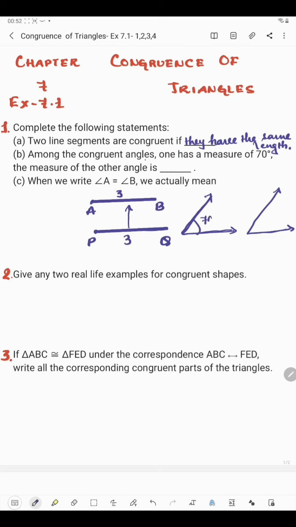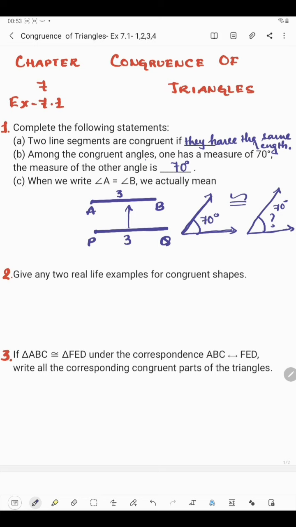Now one of these is 70 degree. What will be the measure of the other angle? If both these are congruent, and the measure of one angle is 70 degree, another must be 70 degree, right? So here we'll write 70 degree.